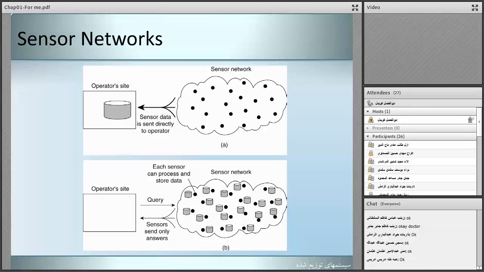Yes, the connection is green now. Okay, okay, okay. Let me continue.